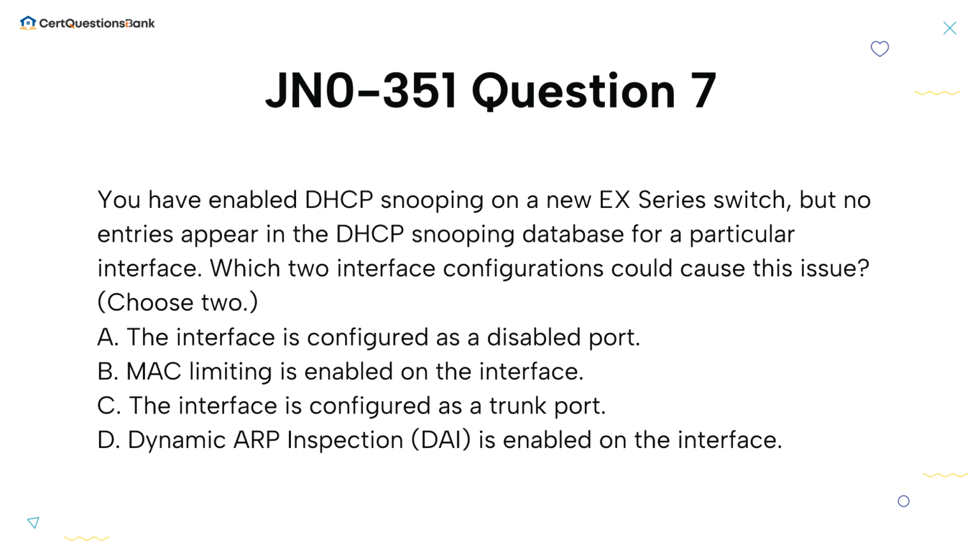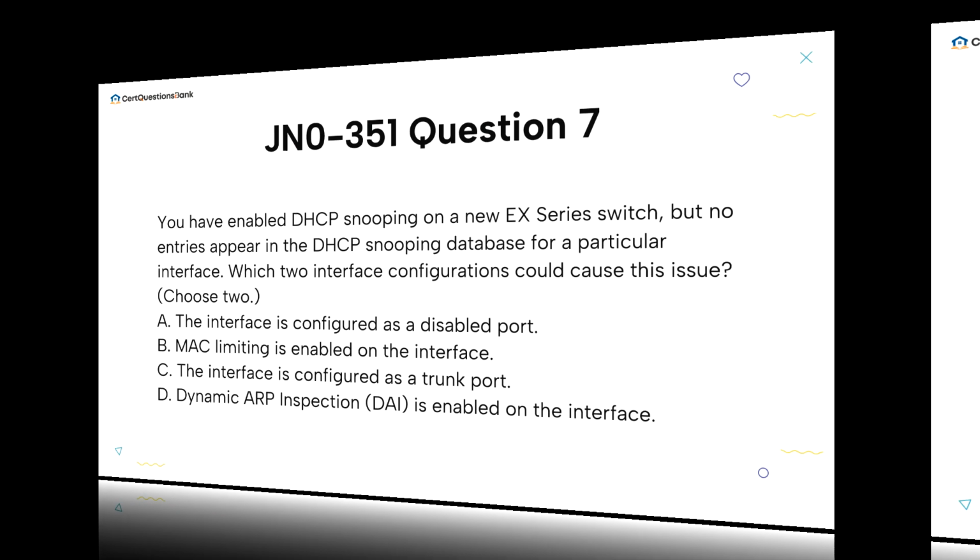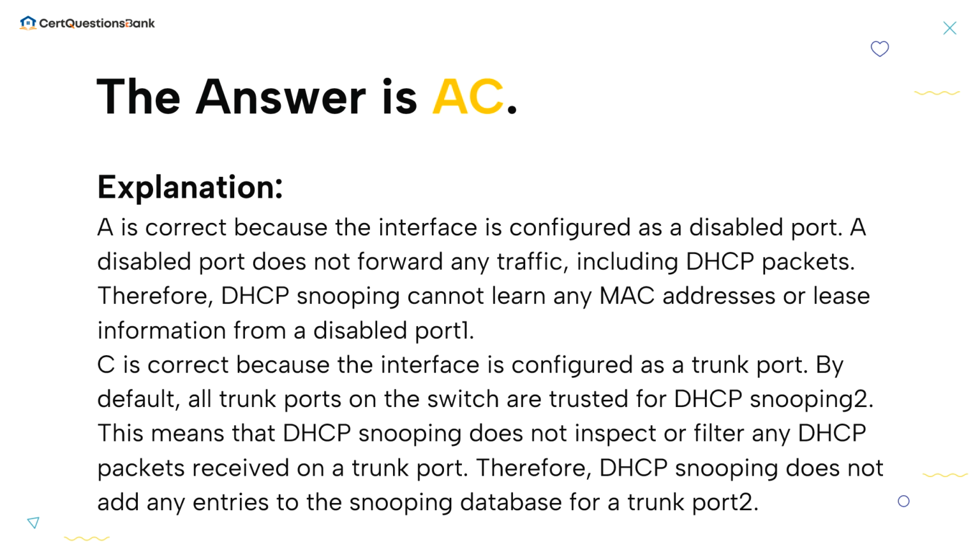B. MAC limiting is enabled on the interface. C. The interface is configured as a trunk port. D. Dynamic ARP inspection (DAI) is enabled on the interface. The answer is A and C.